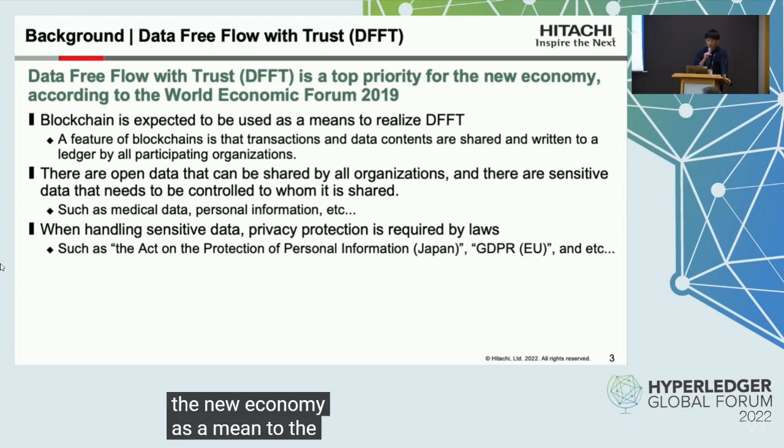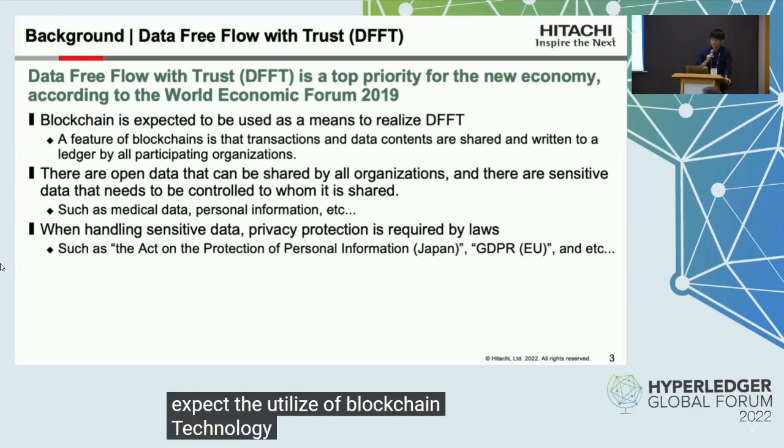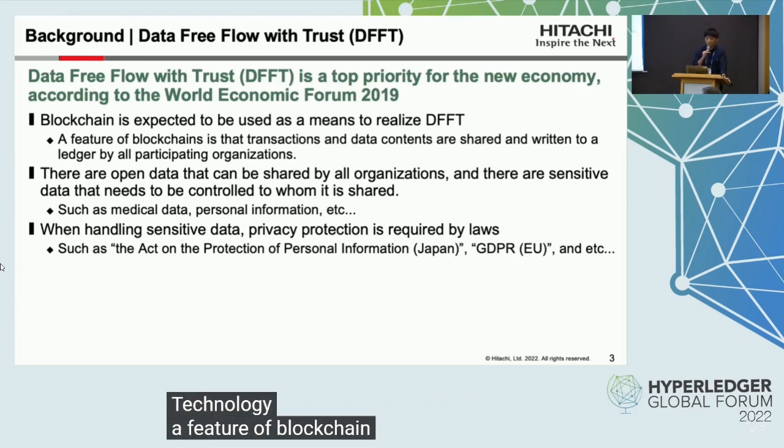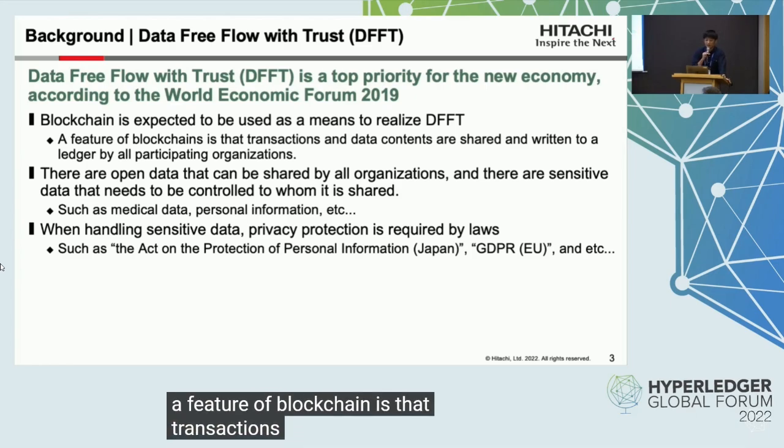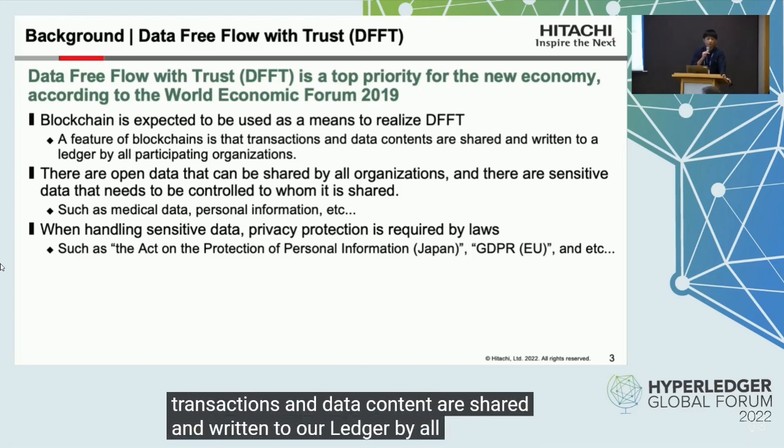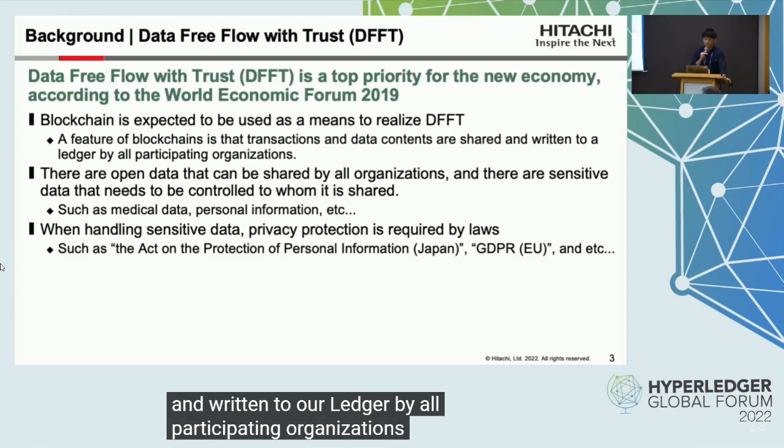As a means to realize DFFT, we expect the utilization of blockchain technology. A feature of blockchain is that transactions and data content are shared and written to a ledger by all participating organizations.